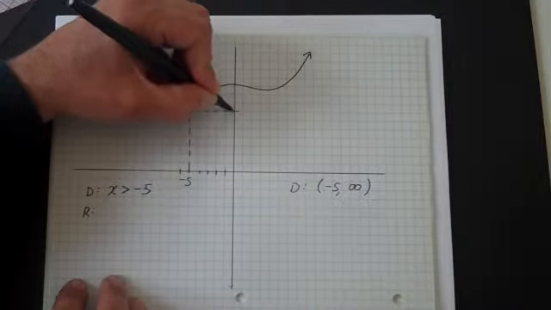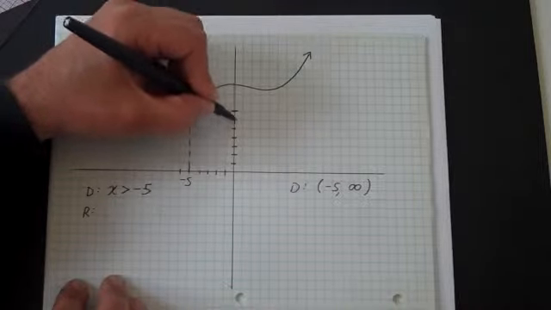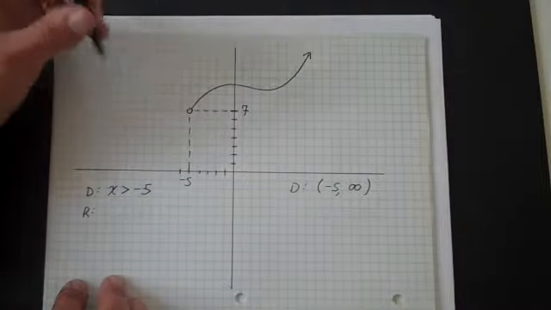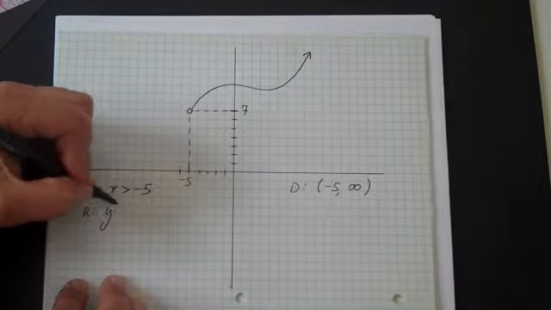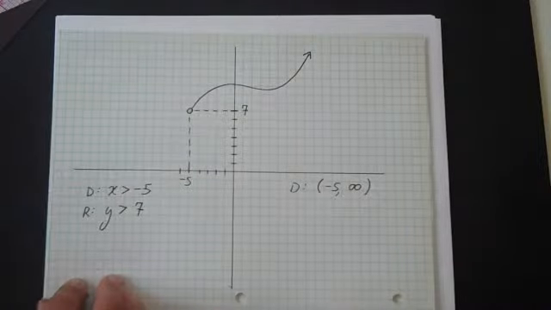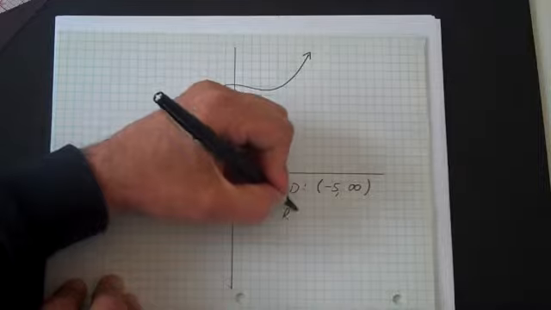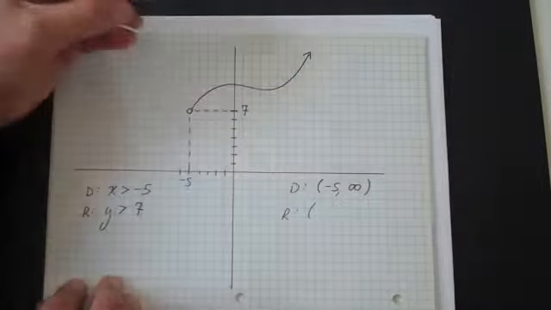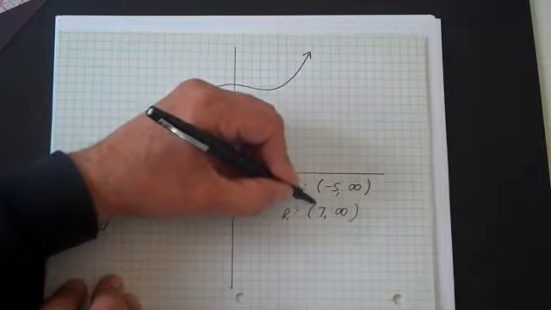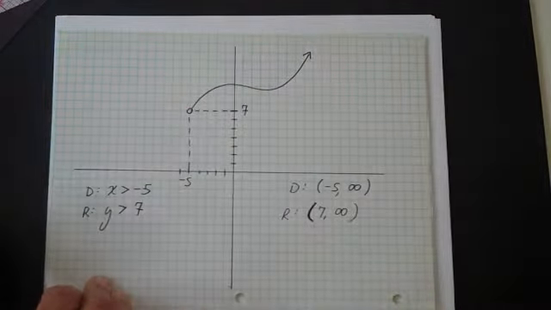Come across here. That's 1, 2, 3, 4, 5, 6, 7. That's 7, and it goes up from there, so it's everything larger than 7 but not including 7. So y is greater than 7. In interval notation that would be 7, infinity, with an open parenthesis on the 7 because it does not include 7.